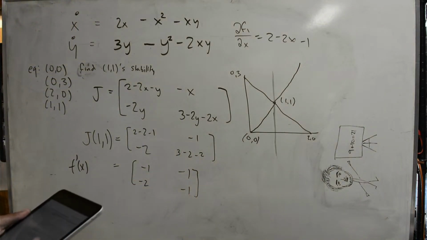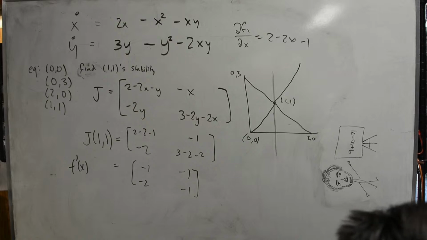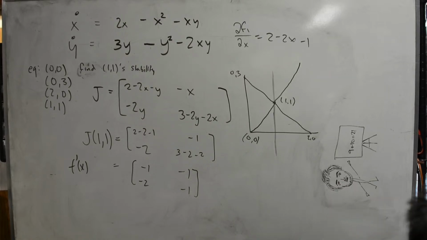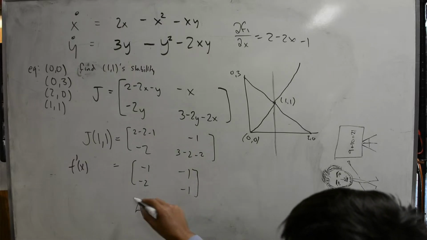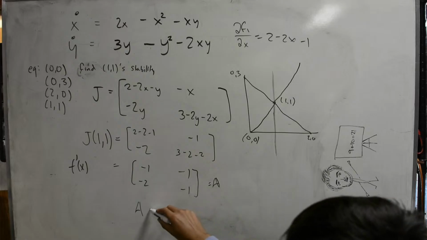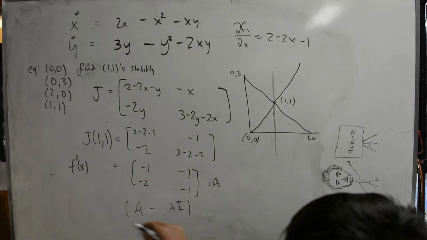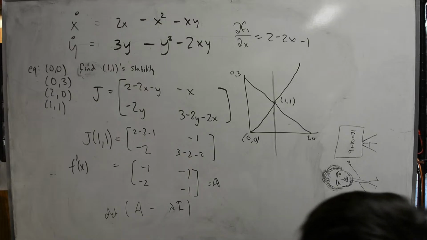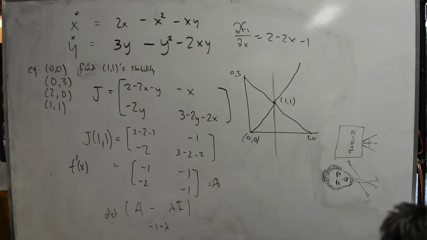So how do we find out? I know it's take the determinant of this characteristic. So that Jacobian is A, and then you're going to do A minus lambda I, and then you compute the determinant of that. So then you get minus 1 minus lambda. Oh wow, you can't see that.